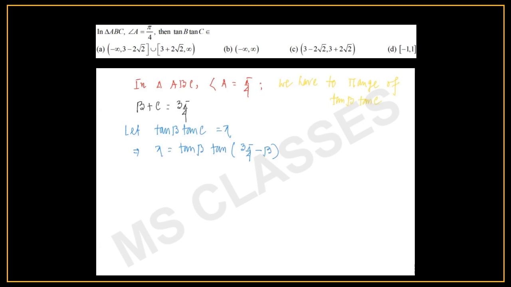Now here we have tan B into tan A minus B, that is tan A minus tan B by 1 plus tan A tan B.